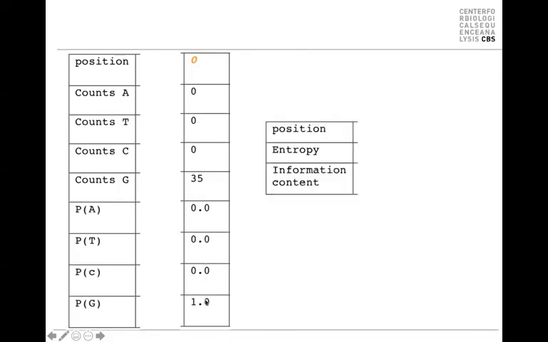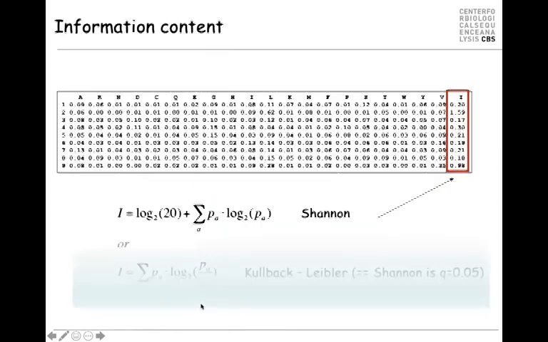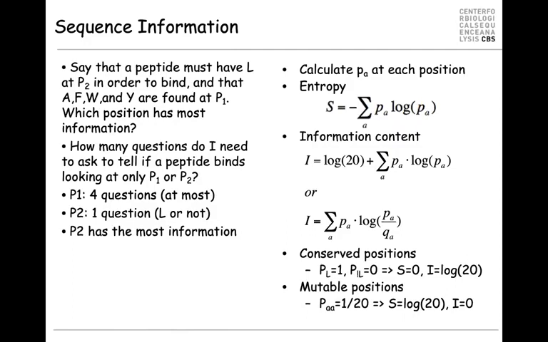It's pretty easy. I have to fill out the next table, which is again the entropy and information content. So for entropy, here you have a fully conserved position, and you go back to the equations for entropy. They were here. So you have something that is fully conserved. Three of the p's are 0.